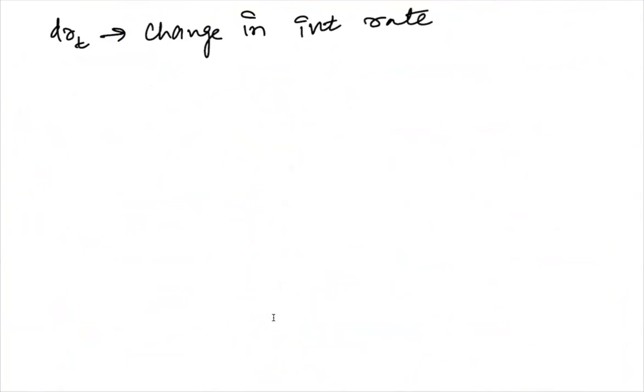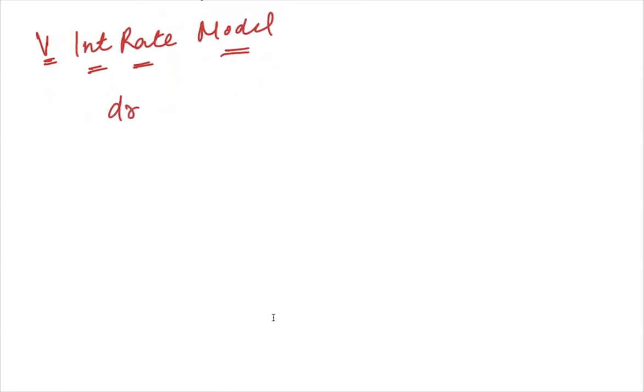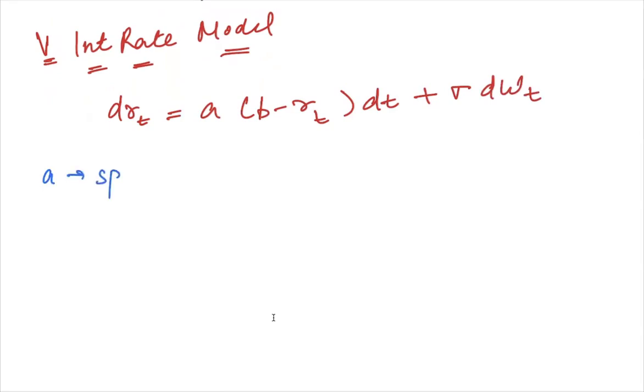So let me write this equation again and summarize the whole formula. The Vasicek interest rate model equation is DRT equal to A times (B minus RT) dt plus sigma DWT, right? Now again, A is the speed of mean reversion, right?